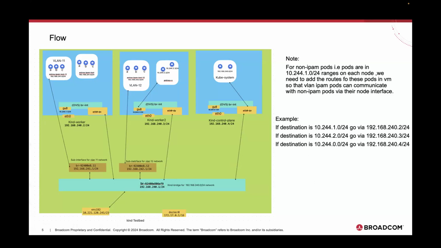Yes, because we need all the nodes, the control plane and the worker nodes, in the same range, the 192 range. That's why I created it. In the test cases, they have provided some fixed range, so I'm using those ranges to run these tests.